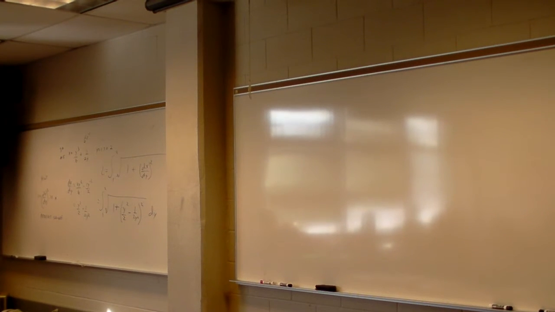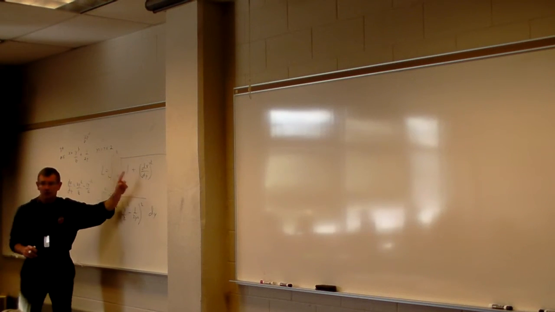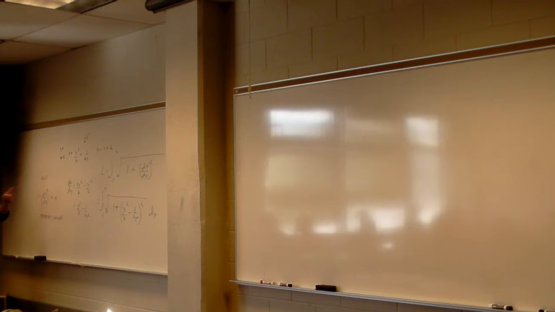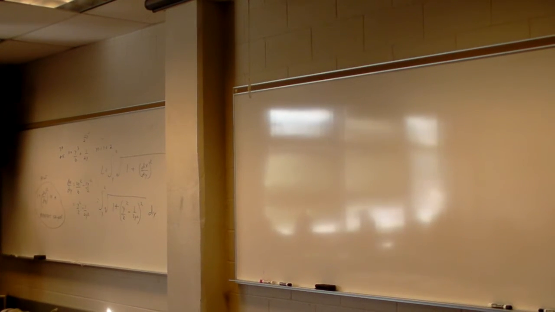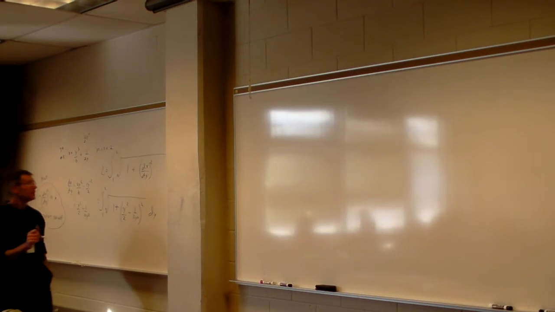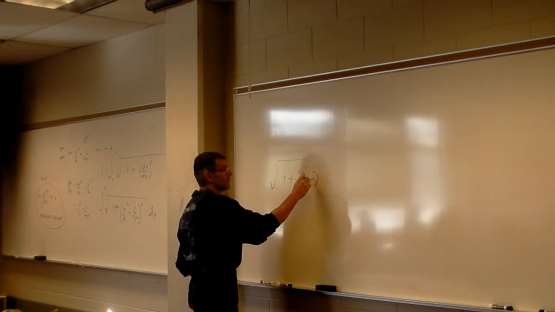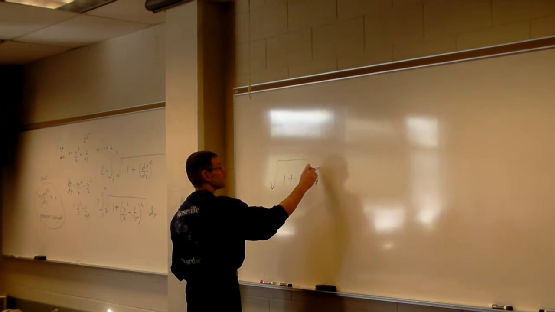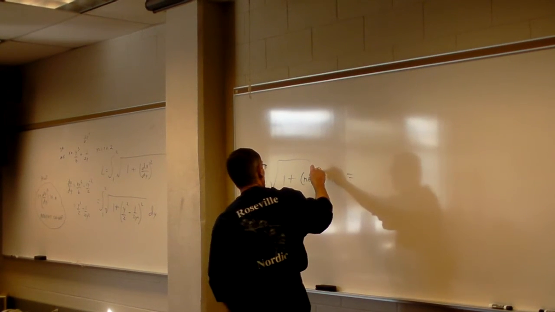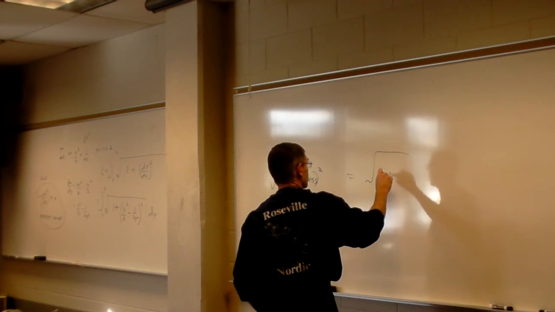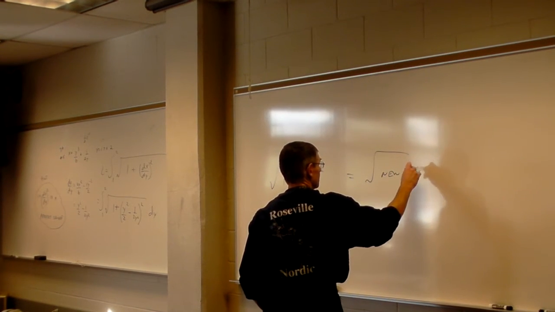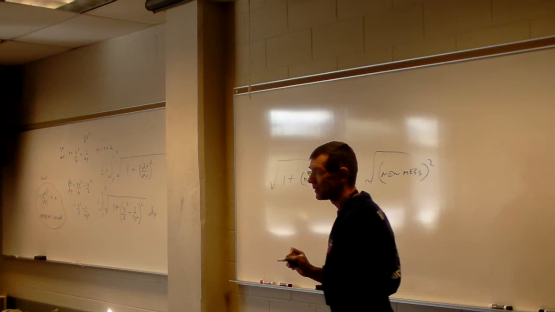Then it gives you a hint. It says that this thing that we just wrote is a perfect square. Well, that would be nice, because if 1 plus a mess squared is a perfect square, it means it gives us a new mess that is squared.